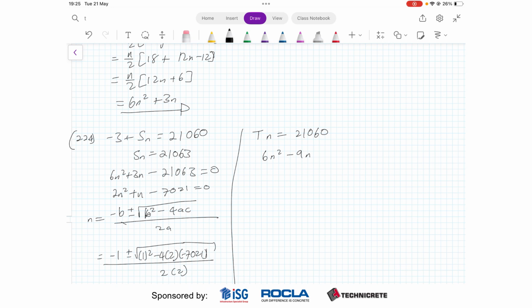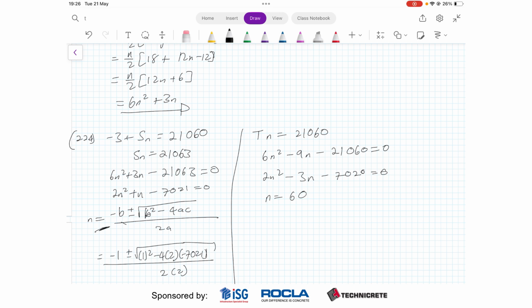We'll just bring this over to the left-hand side and write it as minus 21,060, which is equal to 0, okay? Dividing through by 3, we find 2n squared minus 3n minus 7020, which is 0.